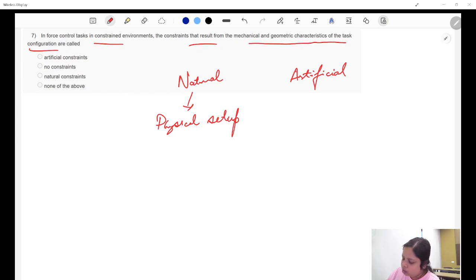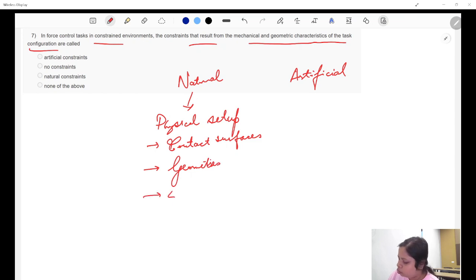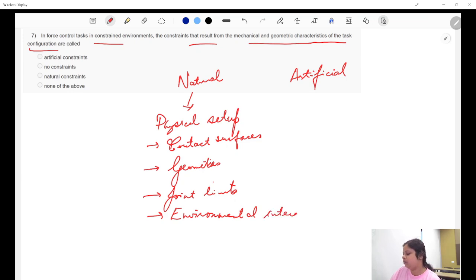It could be due to contact surfaces, geometries, joint limits, or environmental interaction. So they are inherent to the mechanical and geometric configuration.